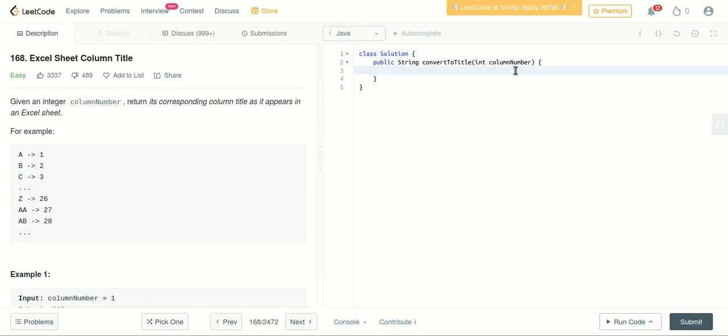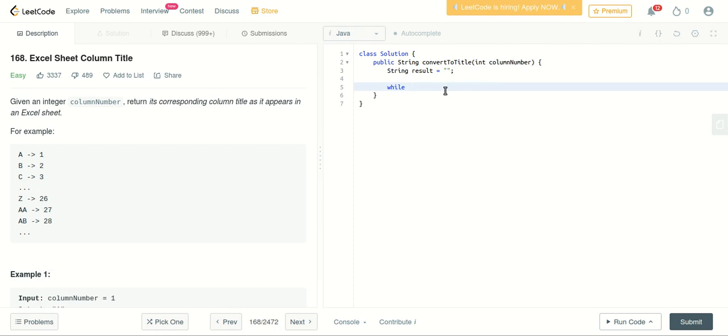Let's start. We would put our result in a string, so we start with an empty string, and we would keep iterating while our column number is positive.